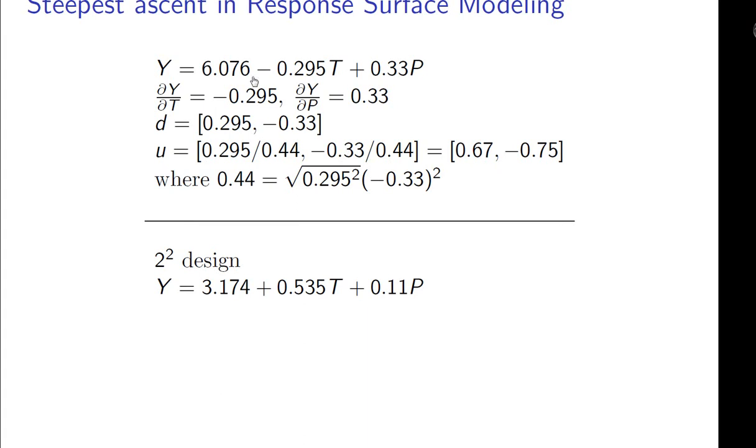Okay. So if this is an initial model and I have a two-factor design, this is skipping the steps in between.